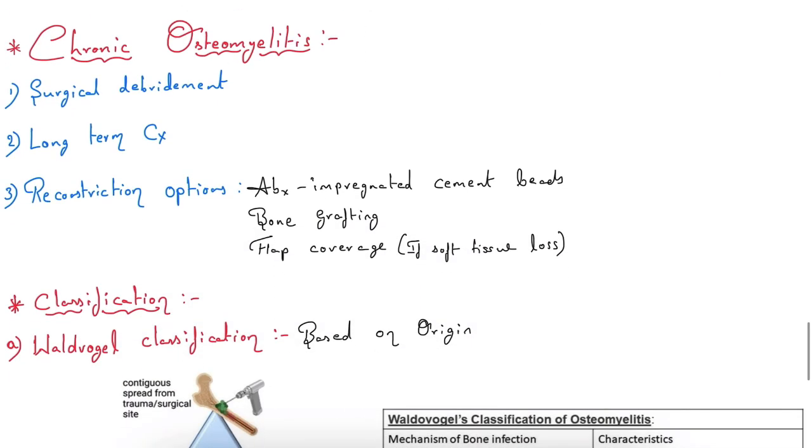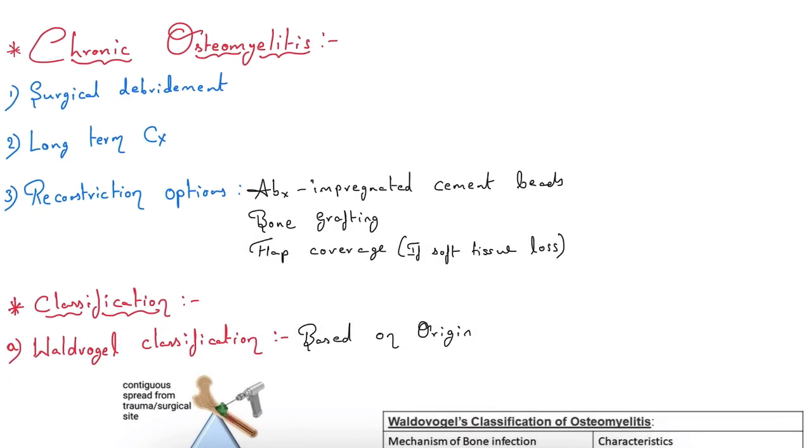Next, in chronic osteomyelitis, what are the things we have to do? First of all, we have to do surgical debridement, which is removal of sequestrum and necrotic bone. Next one, long term culture-specific antibiotics.